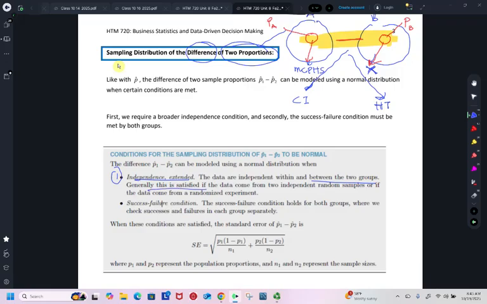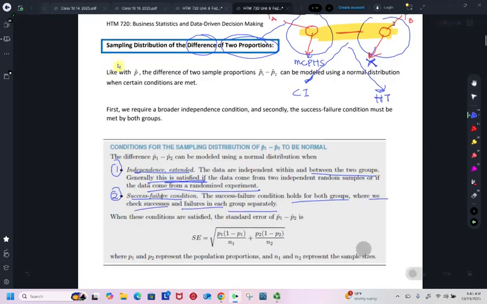And this is generally satisfied if the data comes from a randomized experiment. Secondly, we have the success-failure condition, which usually holds for both groups, where we check successes and failures in each group. More to come on that.